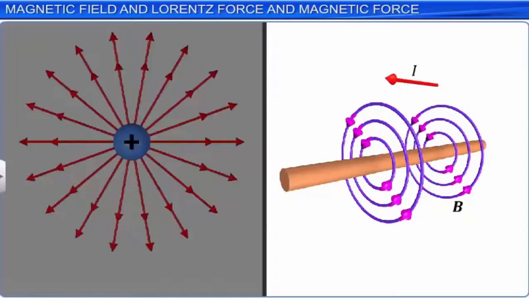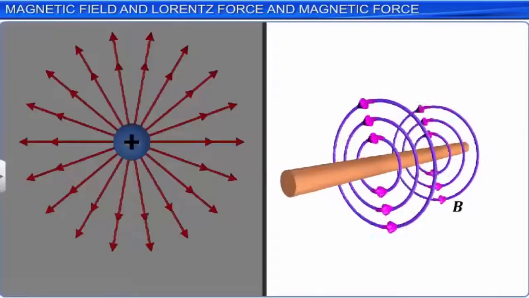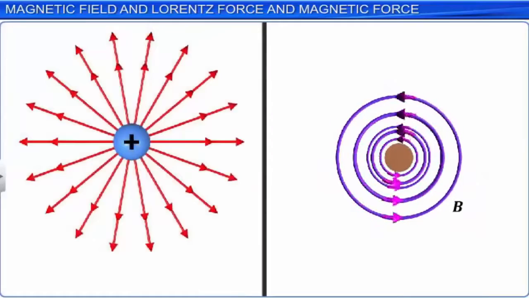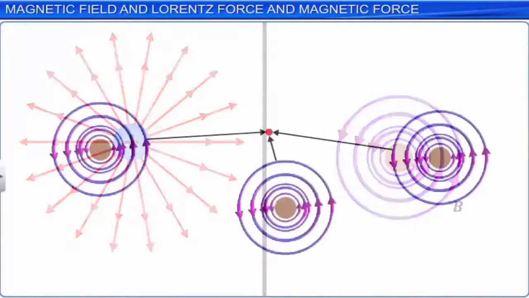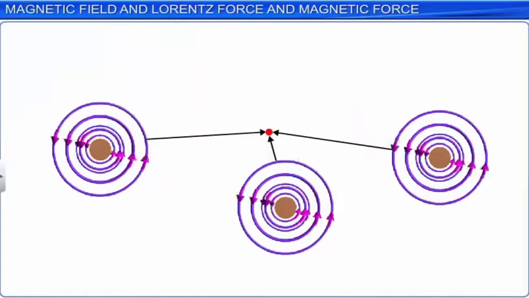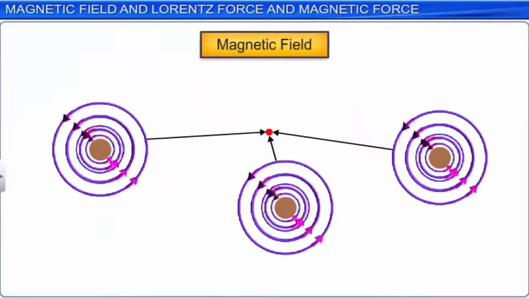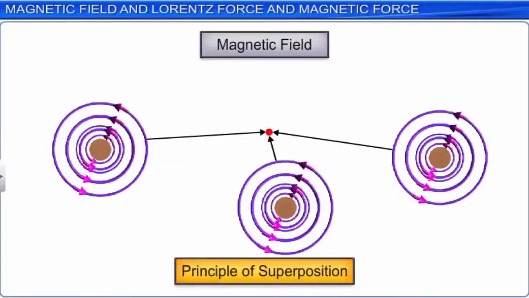The properties of a magnetic field are identical to those of an electric field. Similar to an electric field, a magnetic field also obeys the principle of superposition. Consider B1, B2, and B3 as magnetic fields at a point shown due to three different sources, such as three current-carrying conductors.